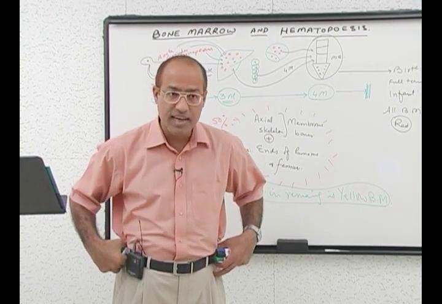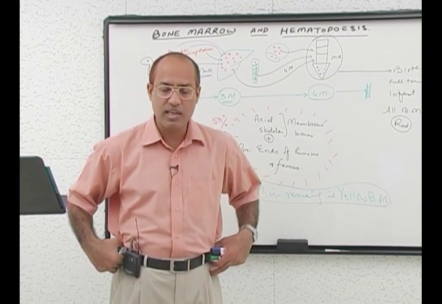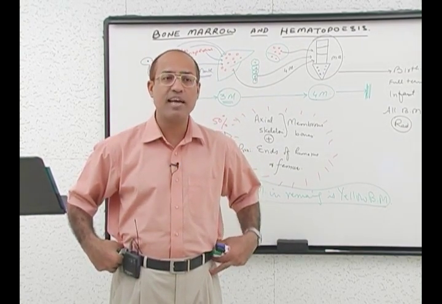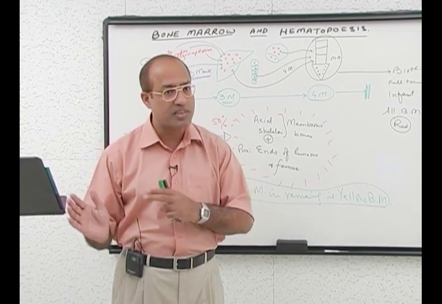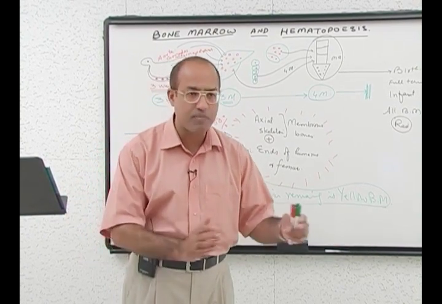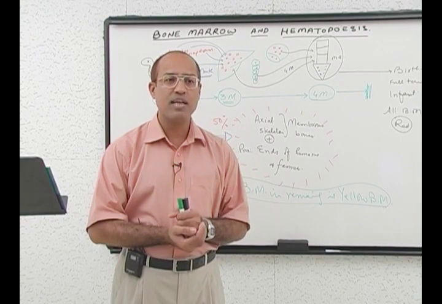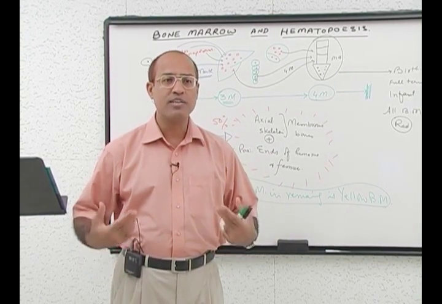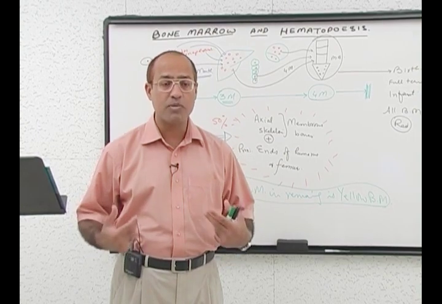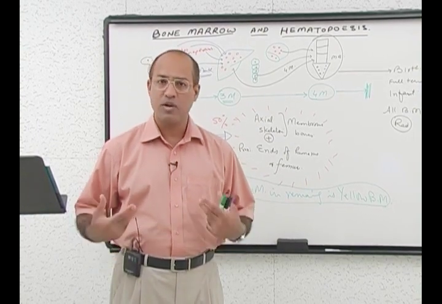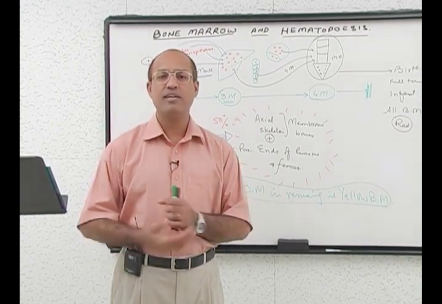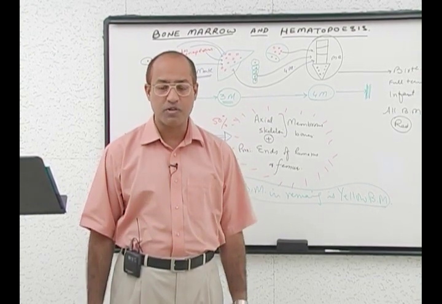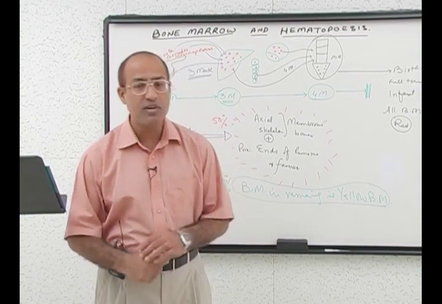Under these circumstances, with very severe hemolysis and a very shortened lifespan of RBCs, yellow bone marrow starts converting into red bone marrow, and we say there is a process of expansion of red bone marrow.